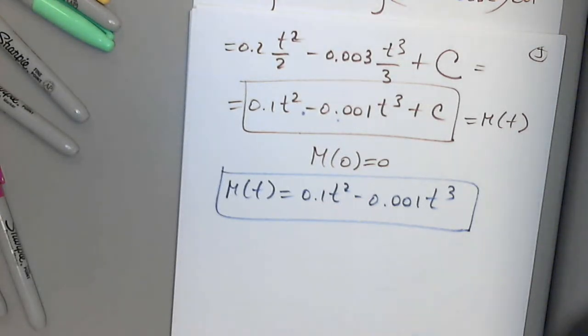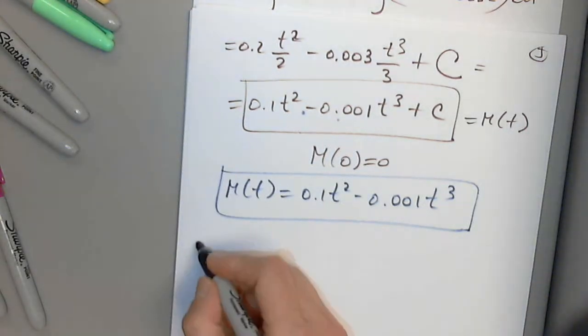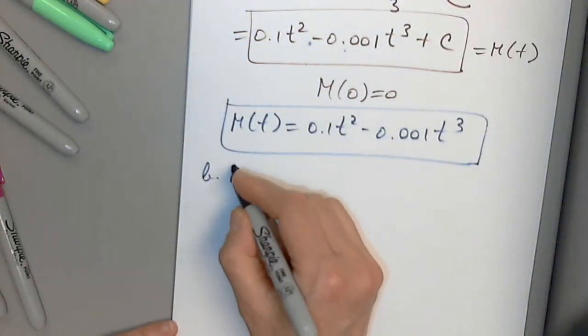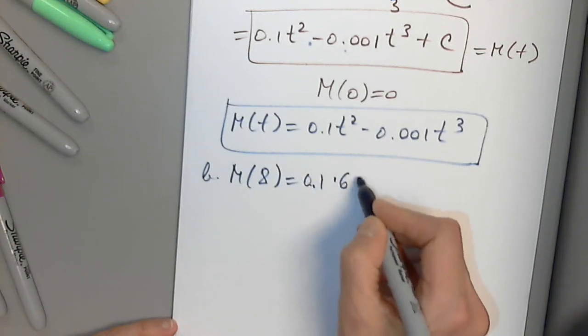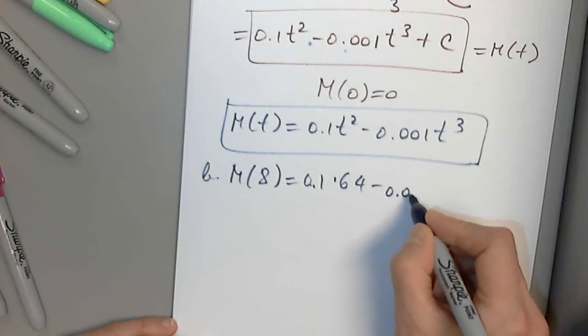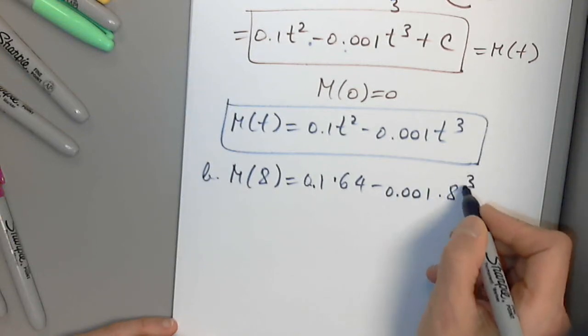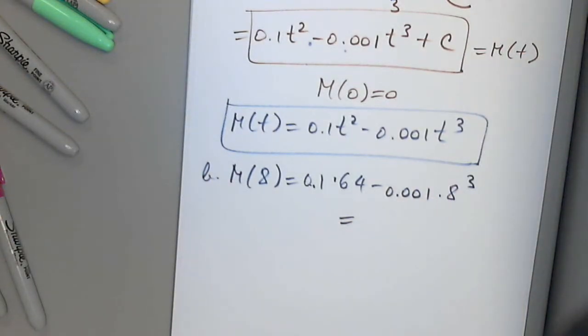Part B. How many words are memorized in 8 minutes? So let's make sure that x is t minutes, correct. So how many words are memorized in 8 minutes? What am I asked to determine in part B? m of 8, very good. So 0.1 times 64 minus 0.001 times 8 to the third. I don't know if I can memorize that much.